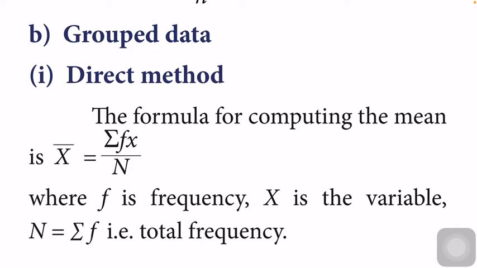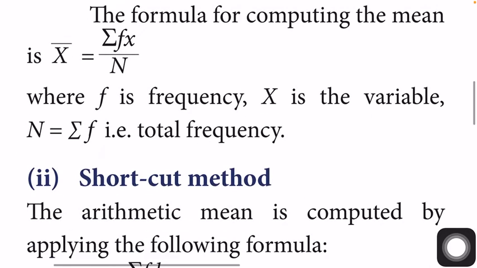So, x bar is equal to sigma fx by n. Here we use capital N. Capital N is equal to sigma f, that is the total of all frequencies. Adding the frequency column gives capital N. So, x bar is equal to sigma fx divided by N. For grouped data, this is the direct method.